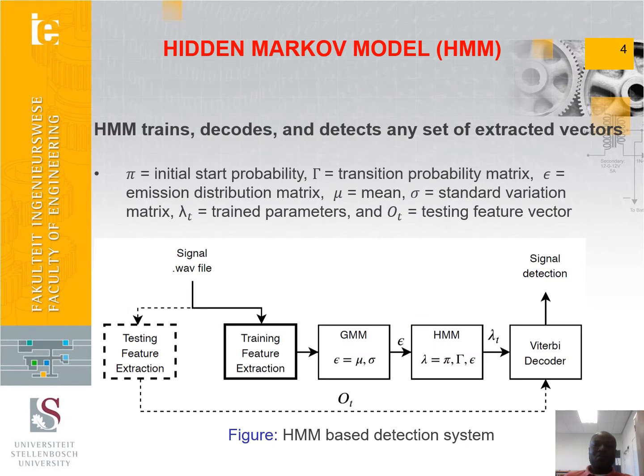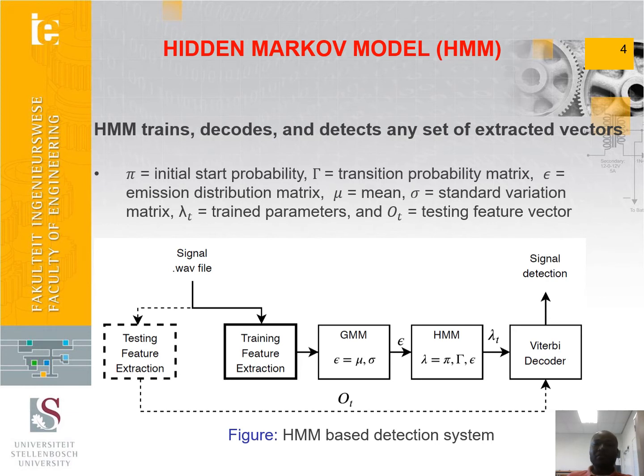Now, I want to quickly describe the hidden Markov model, that is the HMM. The HMM is a stochastic process, that is a probabilistic process with a non-observable underlying mechanism. What this means is that for a continuous signal, the HMM would do three things.